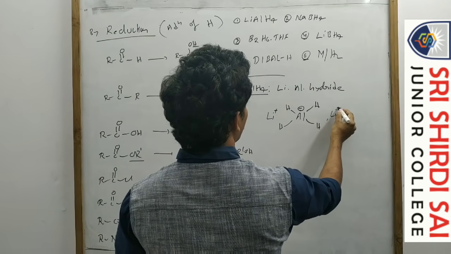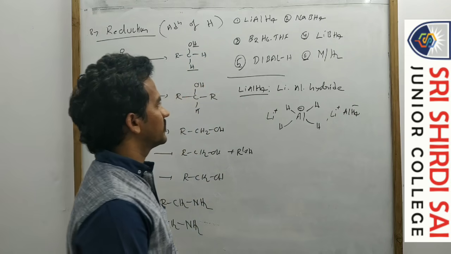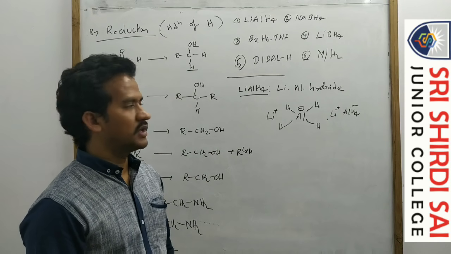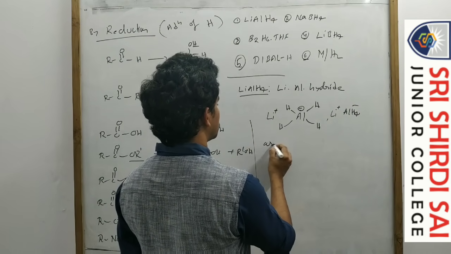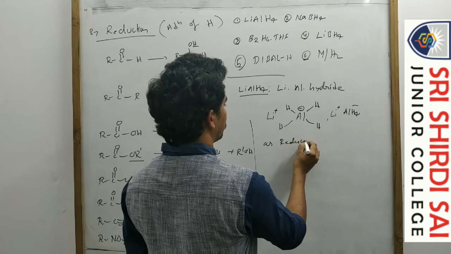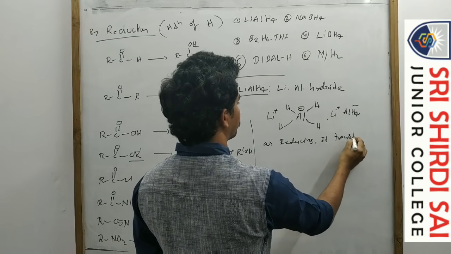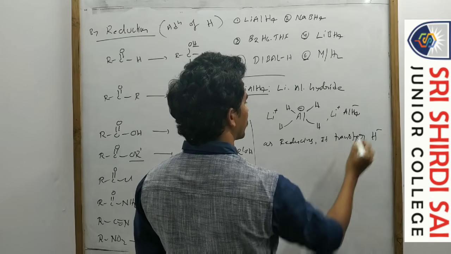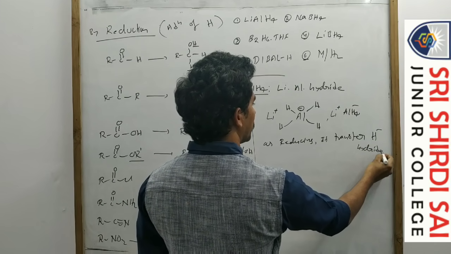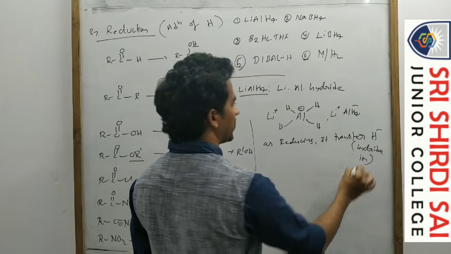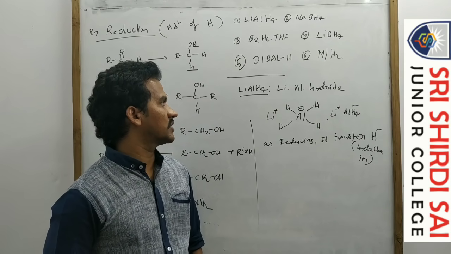Simply we can write Li+ AlH4-, that is lithium aluminum hydride. This one acts as a reducing agent. As a reducing agent, it transfers H minus, nothing but hydride. It is actually a hydride ion transfer.